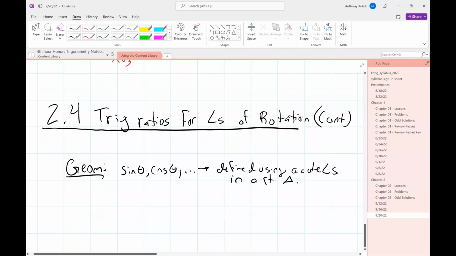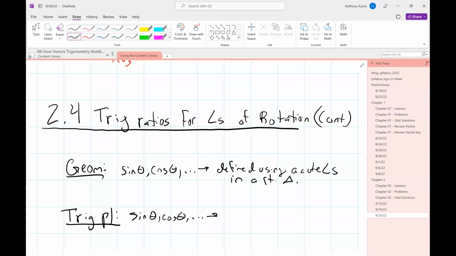That was our geometric definition. Last time, we updated this definition. Sine, cosine, tangent, etc. are defined by a point P on the terminal side of a standard position angle.